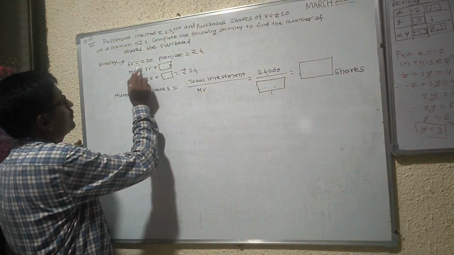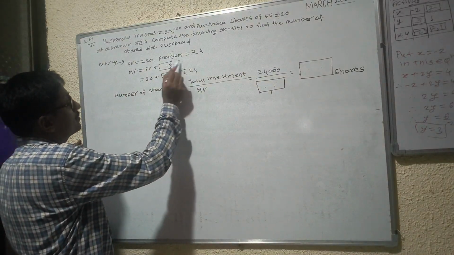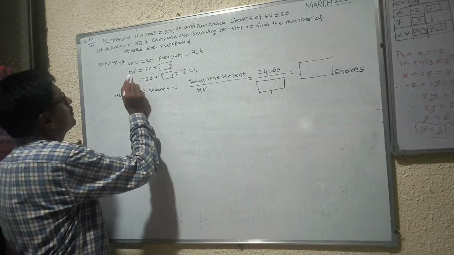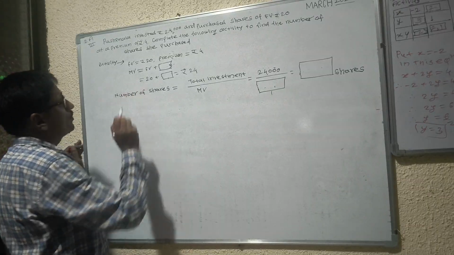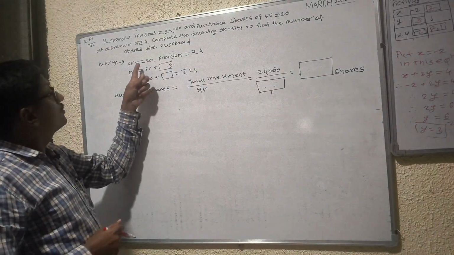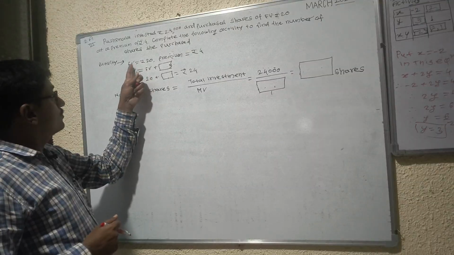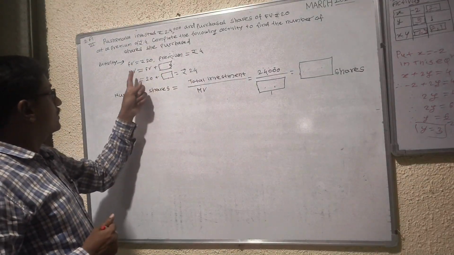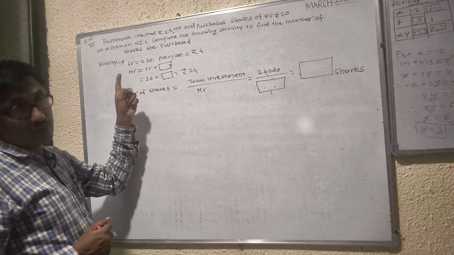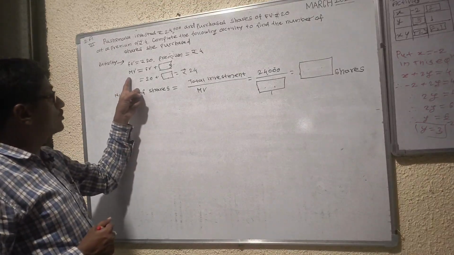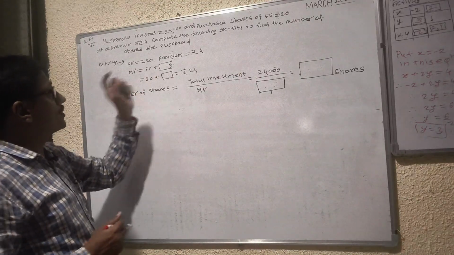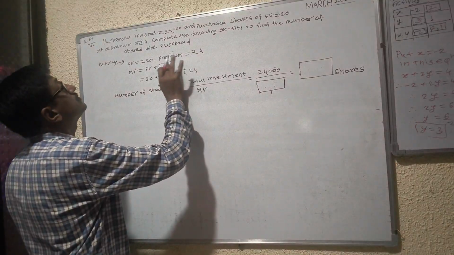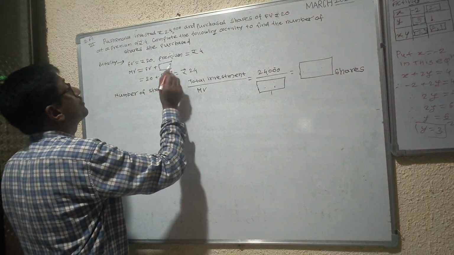Face value is rupees 20, premium rupees 4. Market value here: face value 20, premium plus 4. We know this formula: market value is equal to face value plus premium.